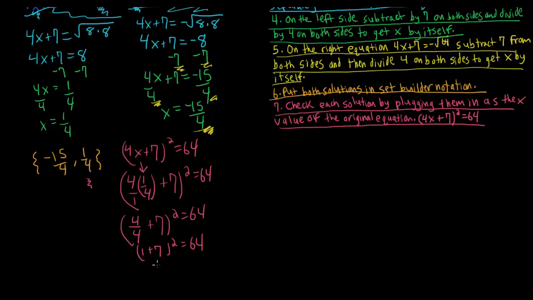It's just 8 squared equals 64. 8 squared is 64, equals 64. That's true, so 1/4 is the solution.